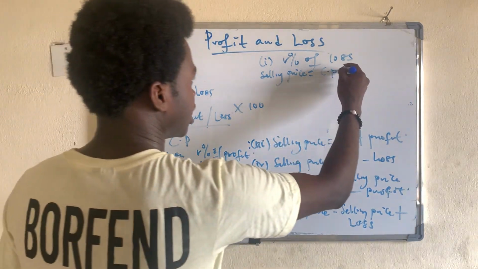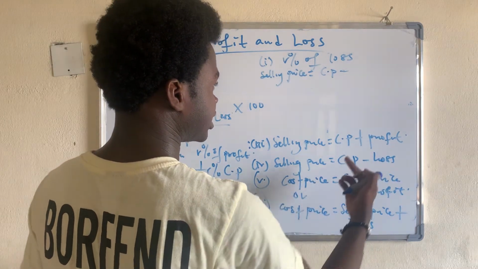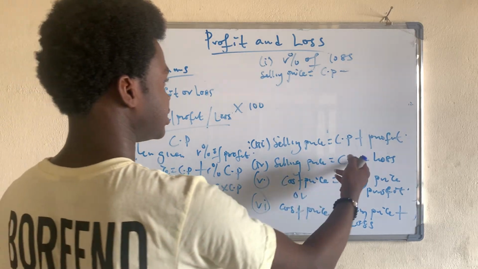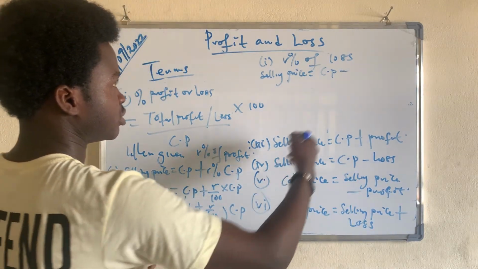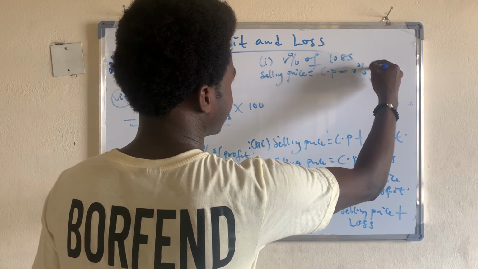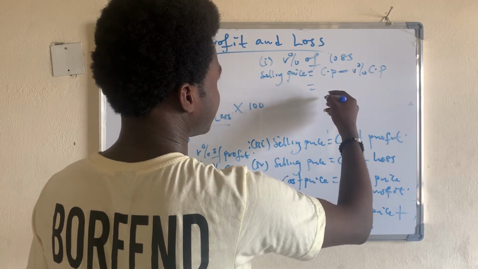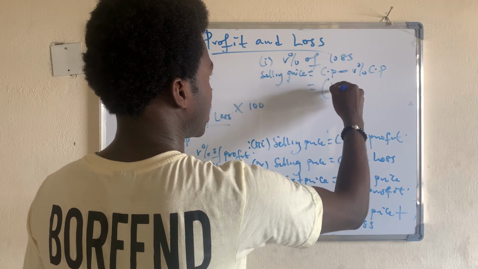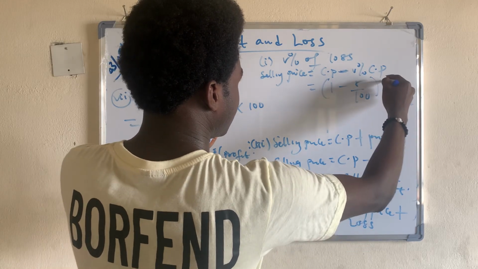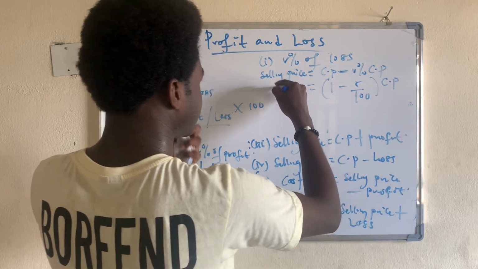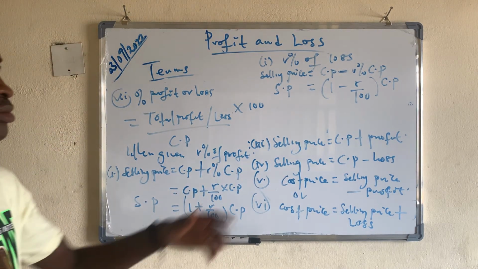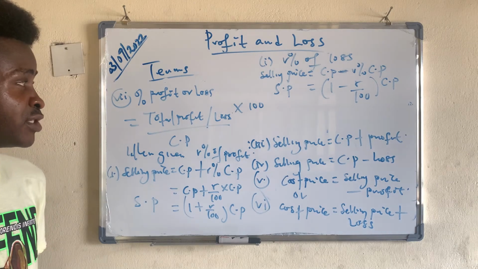The amount you lose is regarded relative to the amount you bought the good for, so R percent of loss is the same thing as R percent of the cost price. So we have 1 minus R over 100 multiplied by cost price. Your selling price likewise is 1 minus R over 100 multiplied by cost price when we are given a percent of loss.